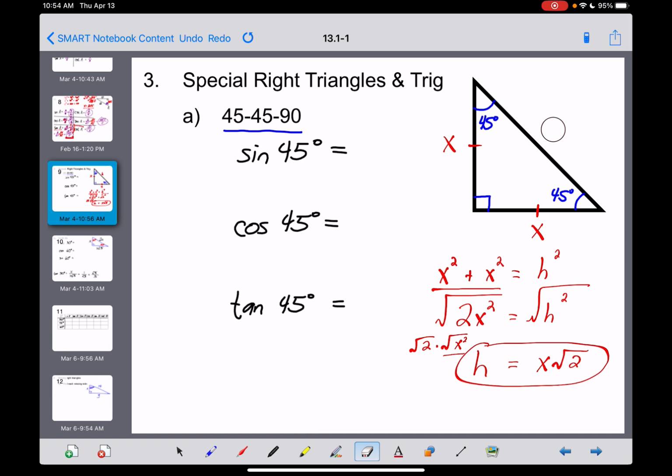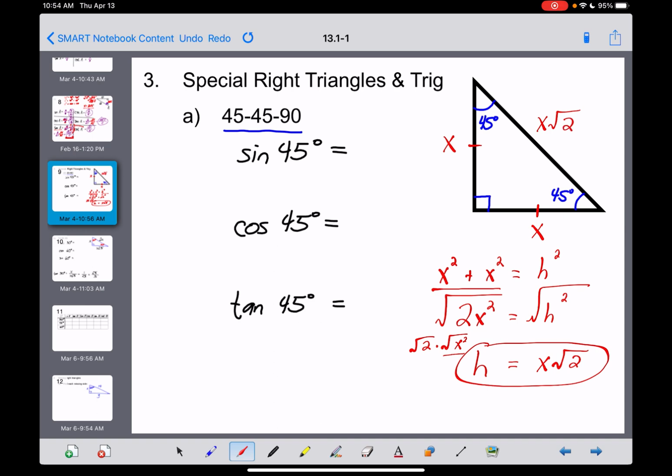So what that means is we now know a pattern, basically, that in any 45-45-90 right triangle, the legs are going to be x and x, the same number twice, and the hypotenuse is always going to be whatever x is, but then multiplied by the square root of 2.